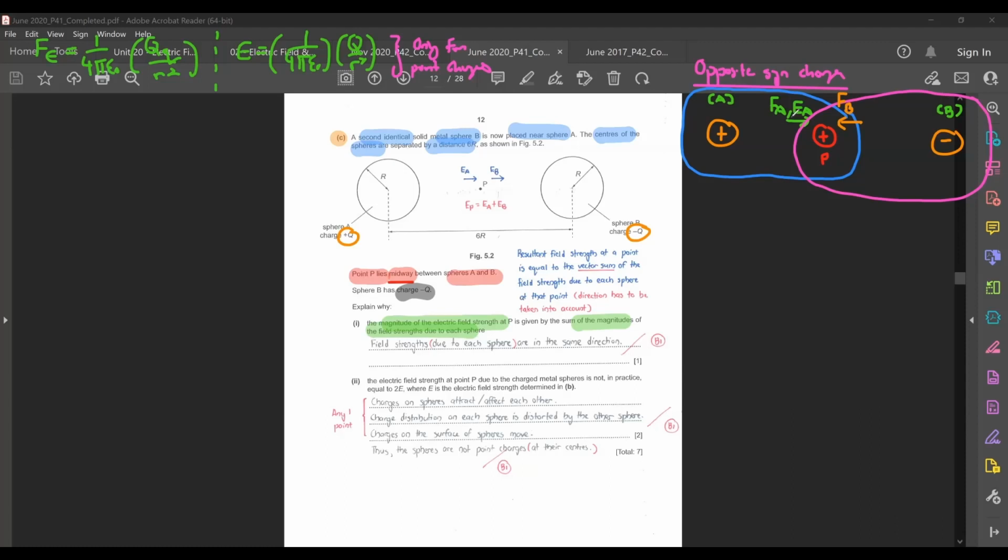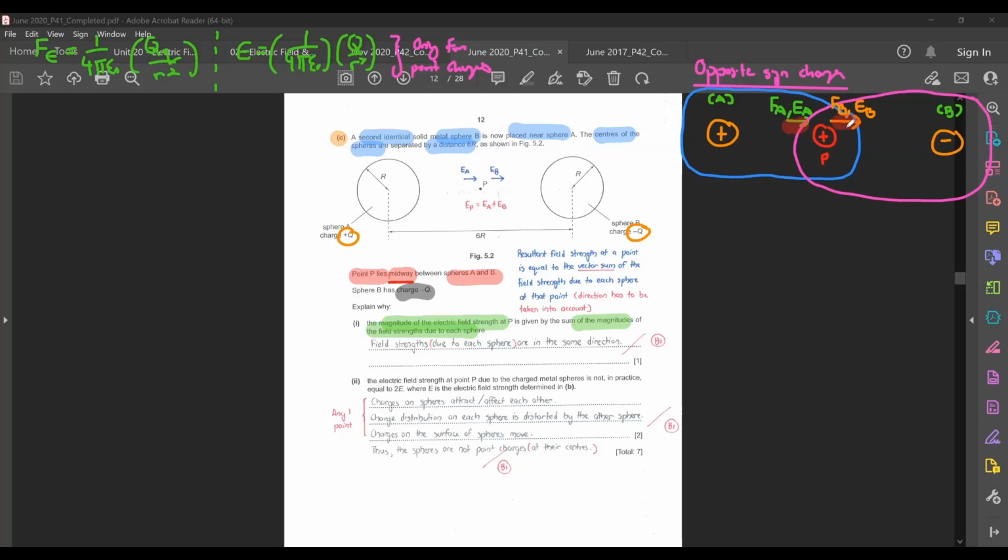Your FB will be towards the, sorry, not towards the left, my mistake. Because it's positive, negative, the positive test charge will be attracted towards the negative charge, right? So your electric force due to B will be towards the right. Your electric field strength due to B will also be towards the right. Okay, so here the conclusion then would be that your field strengths are always in the same direction. There's no opposite direction, so there's no negative to consider.